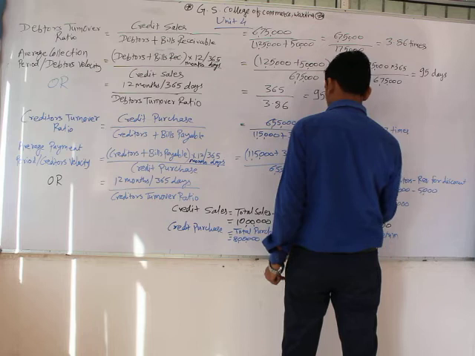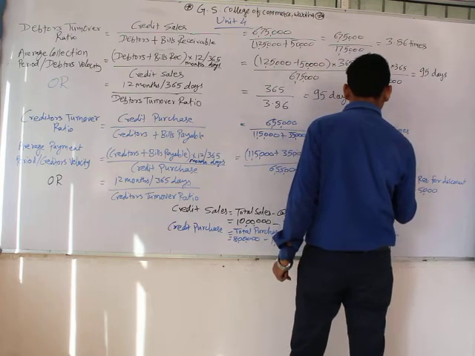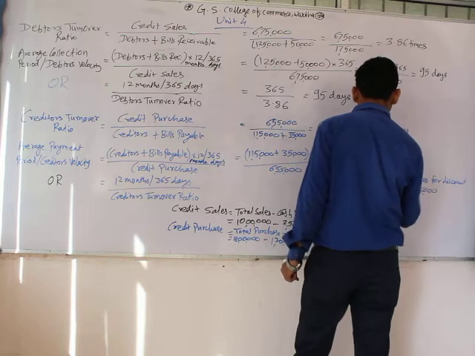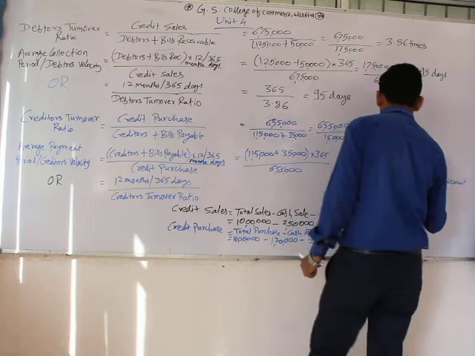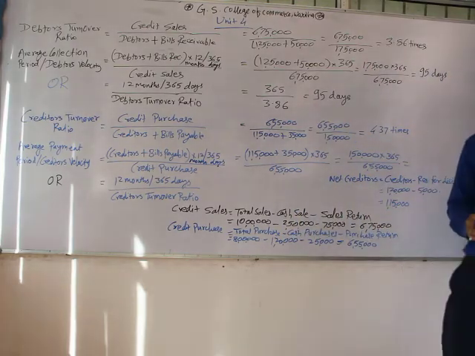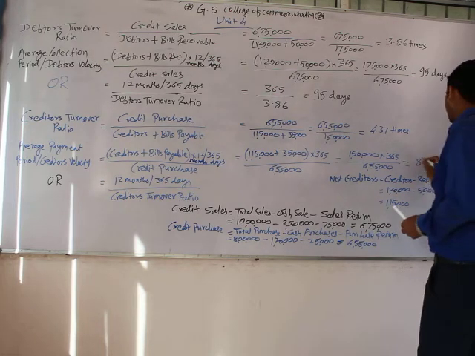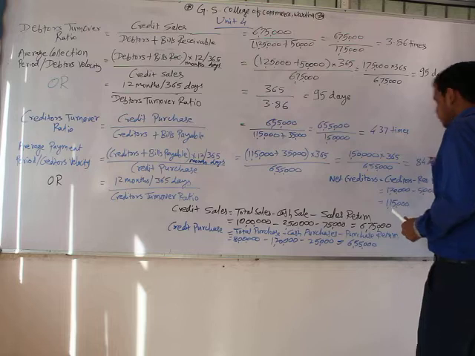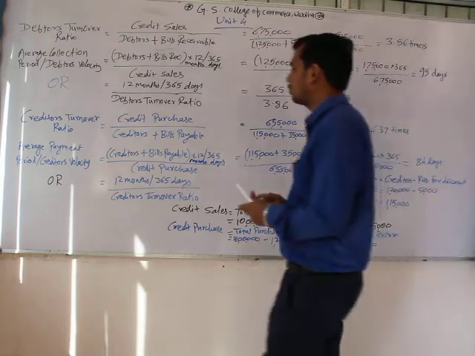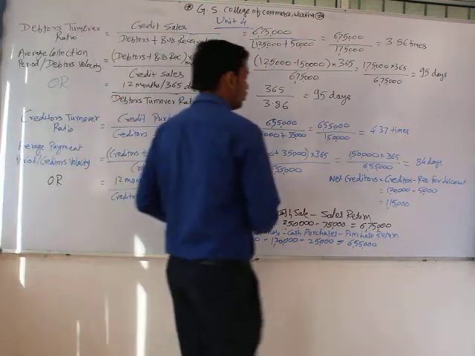That is 1,50,000 into 365 divided by 6,55,000, which is equal to 84 days. This was average payment period, or creditors velocity.